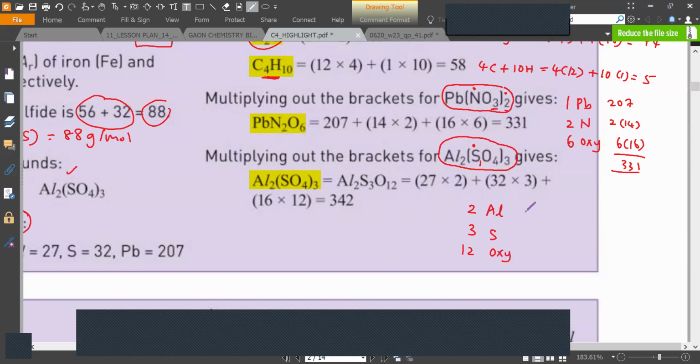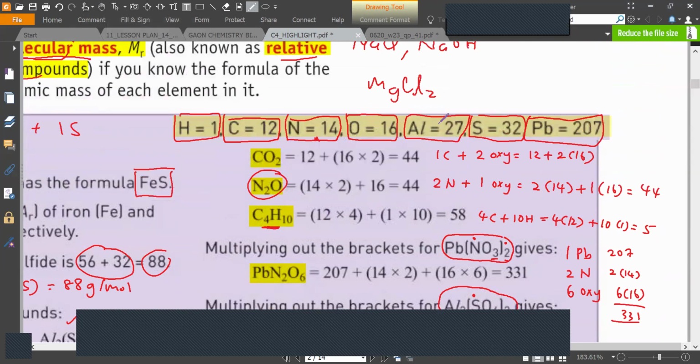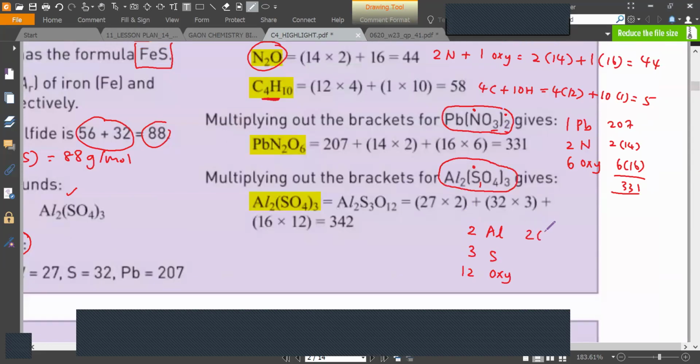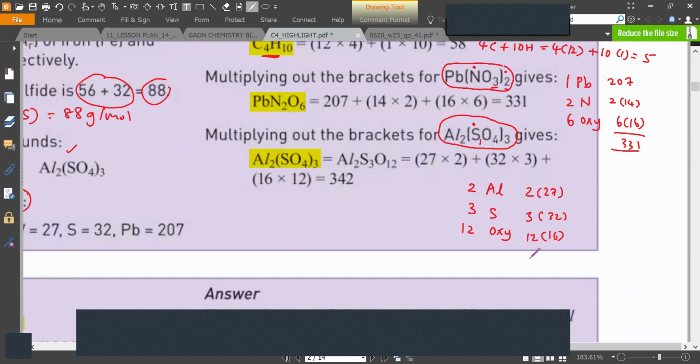Aluminum is 27, sulfur is 32, so it's 2 times 27, plus 3 times 32, and then 12 oxygen, where oxygen is 16. All together that gives us 342.